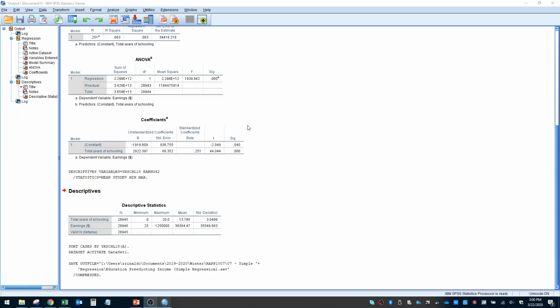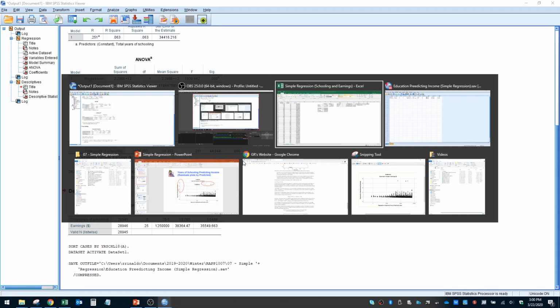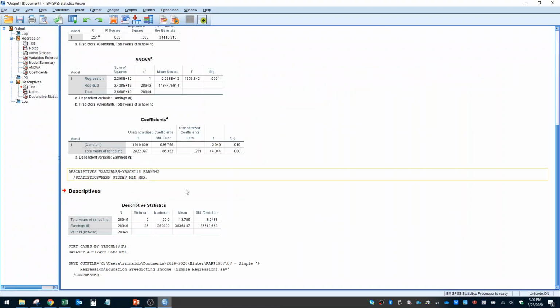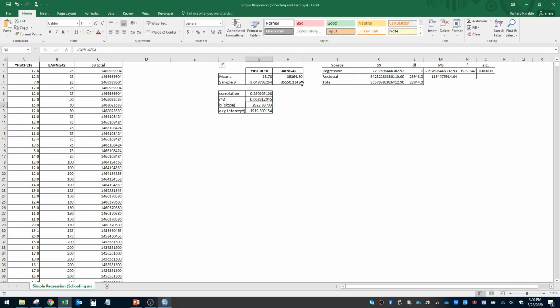So the slope function is 2922, and the y-intercept is minus 1919. So this is a big data set. Roughly, I can see here, there's roughly 28,945 records.